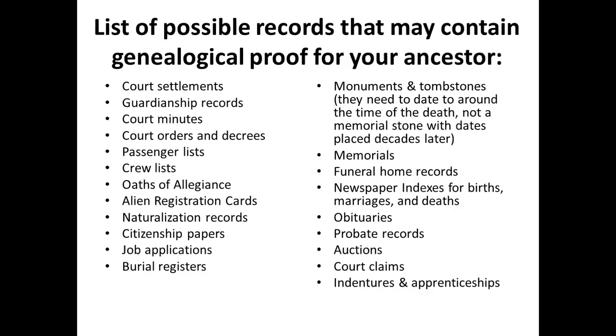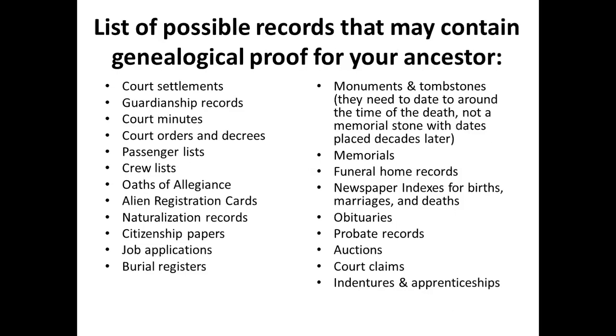So when you see stones which the government will place for veterans, whether it was Revolutionary War, War of 1812, Civil War, War I, II, Vietnam, Korean War, any of those wars, if you have proof of service, they will put the standard memorial there with their name, I believe their rank, and just the dates.